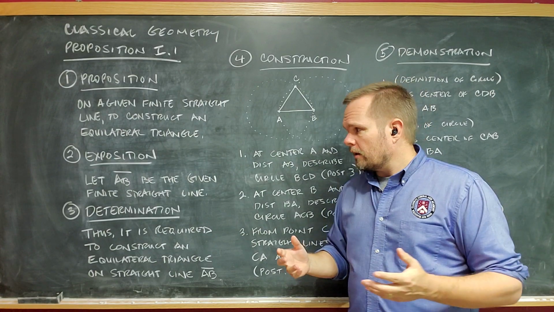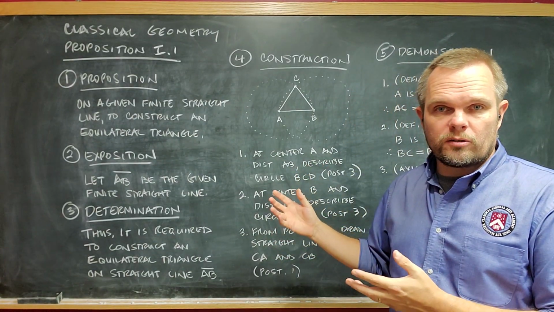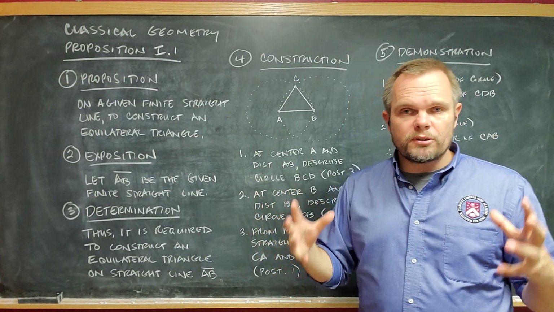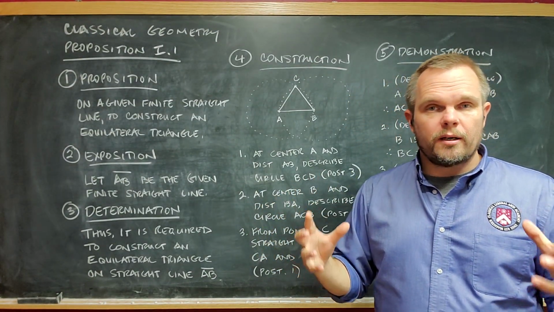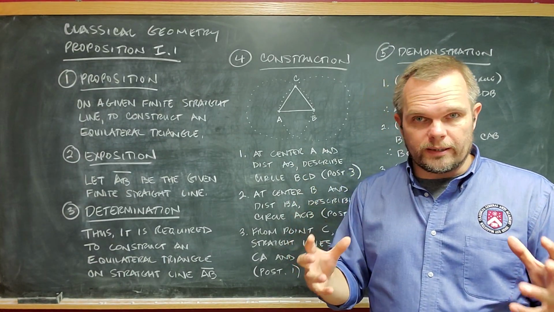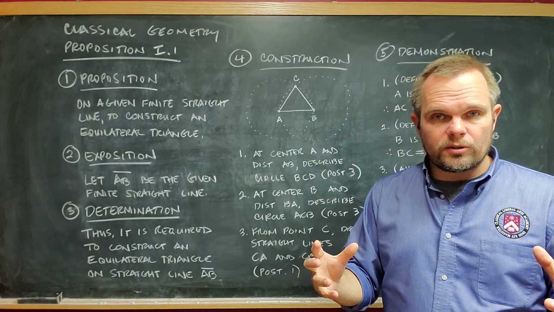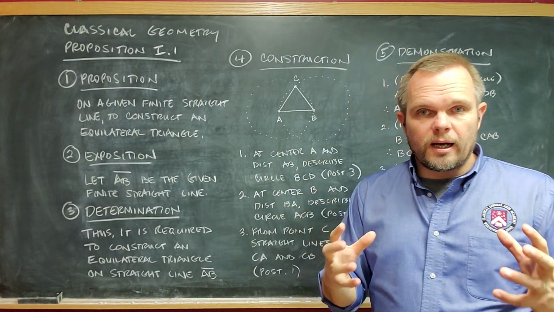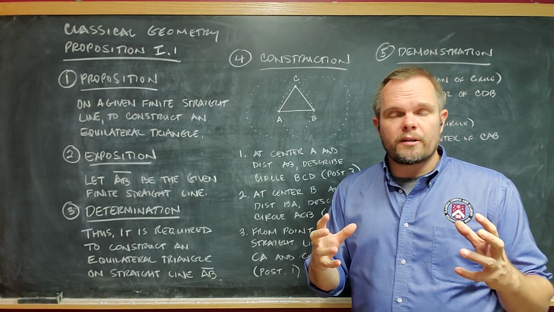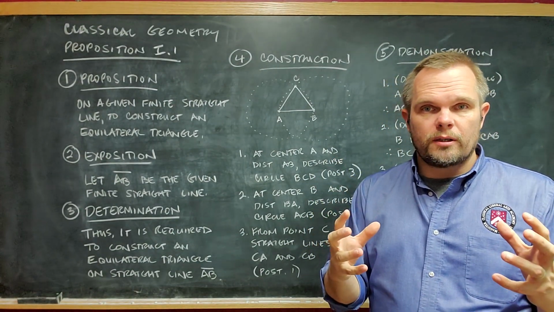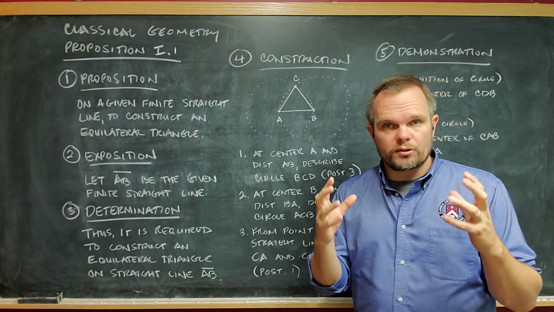And remember, the goal of classical geometry is to build an absolutely certain body of knowledge of magnitudes at rest. We're studying magnitudes at rest. We want every piece of that knowledge to be absolutely certain.